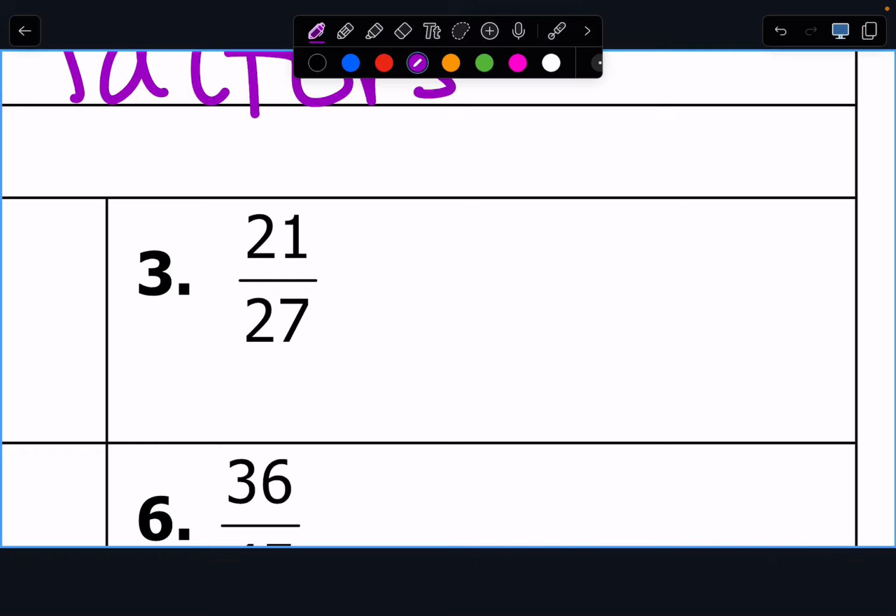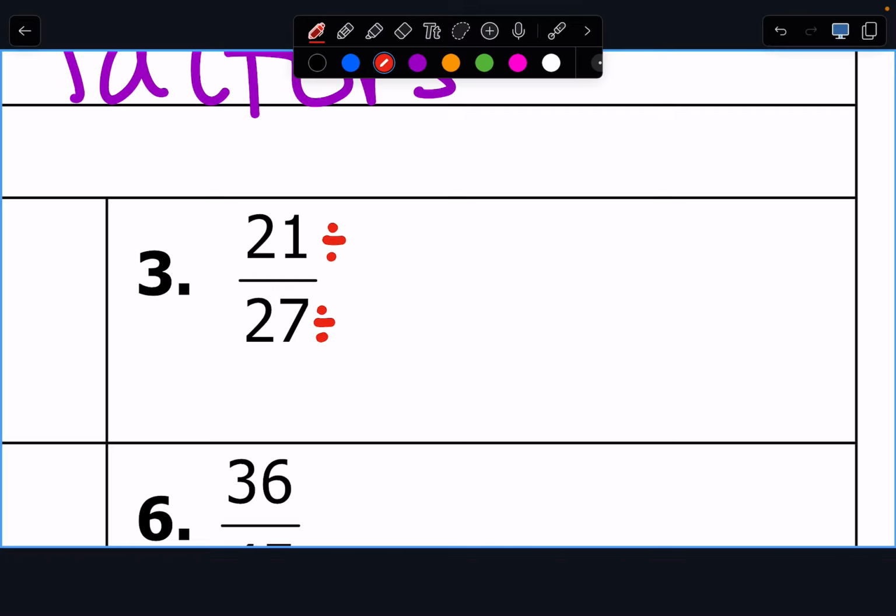Sophia Farrell, what common factor can we divide out? Fernando has his hand up. Do I have 3?